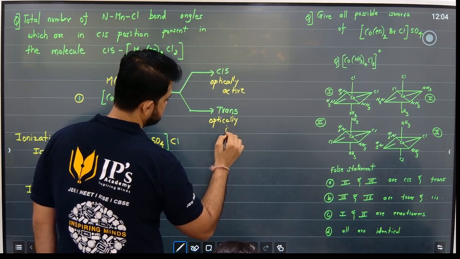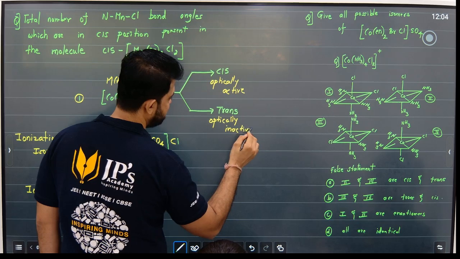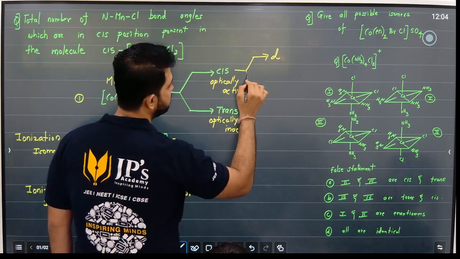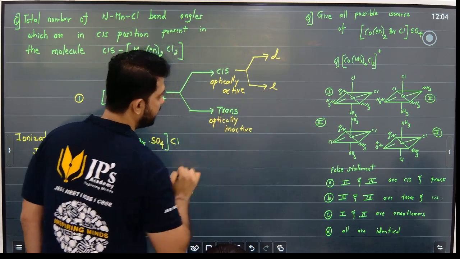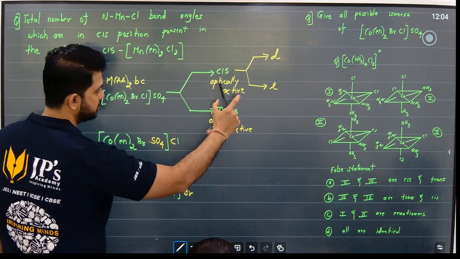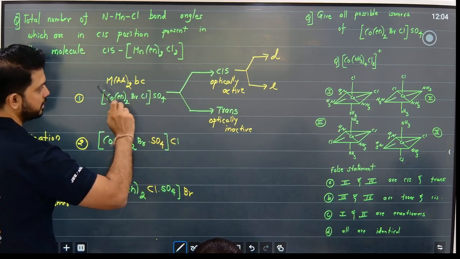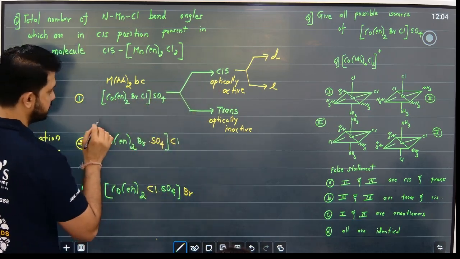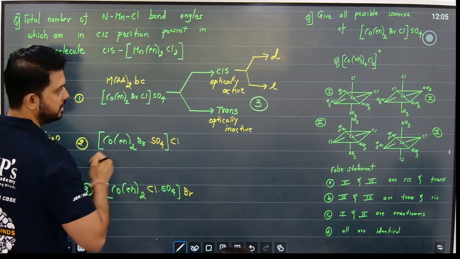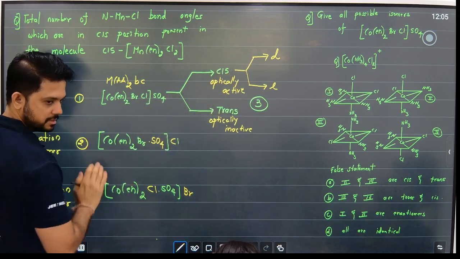Very nice. Which means that cis can have a D form and an L form. Understood? So the first compound here can have how many different forms? 3. D, L and the trans.